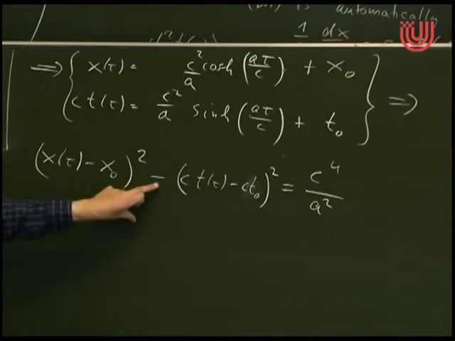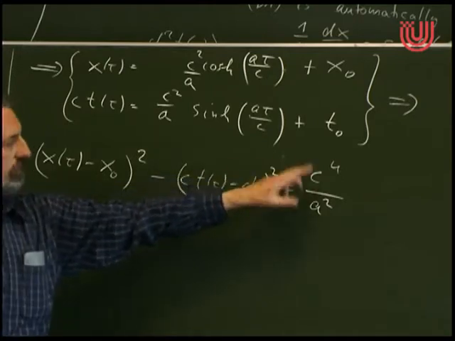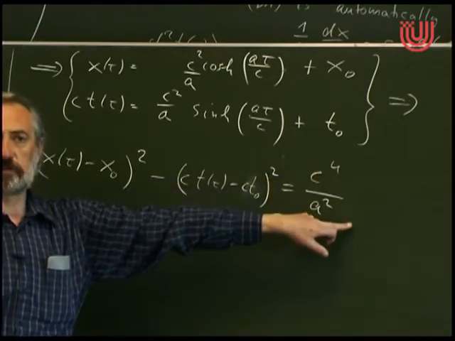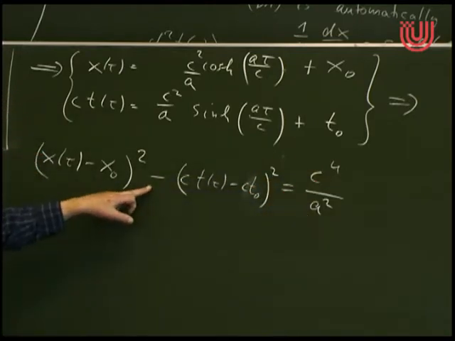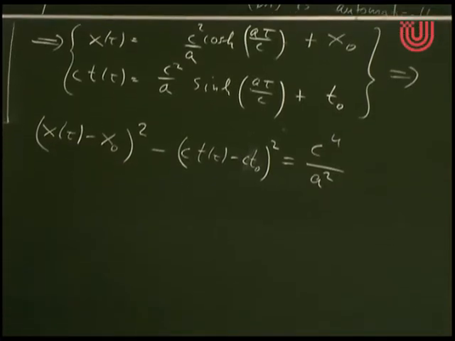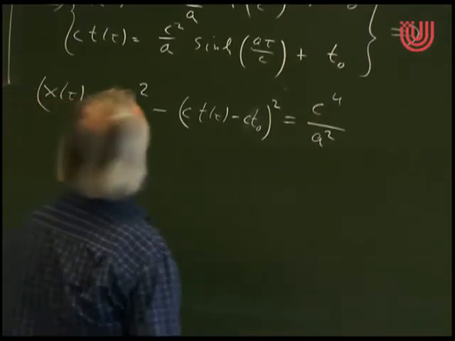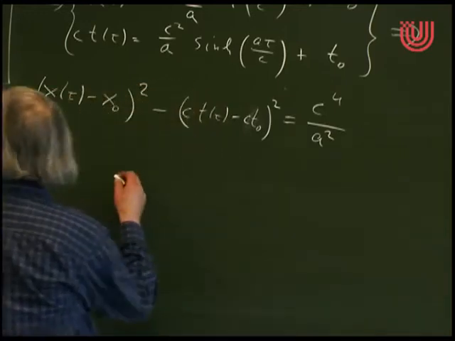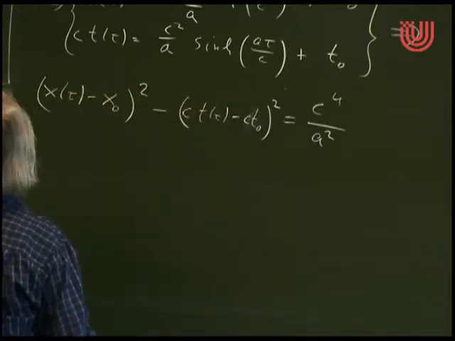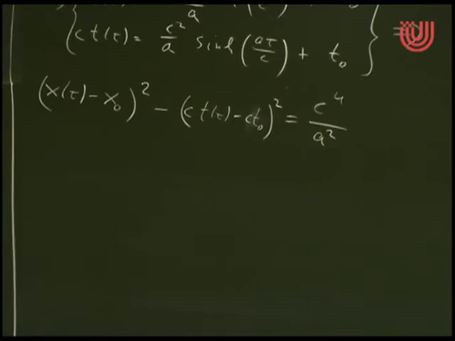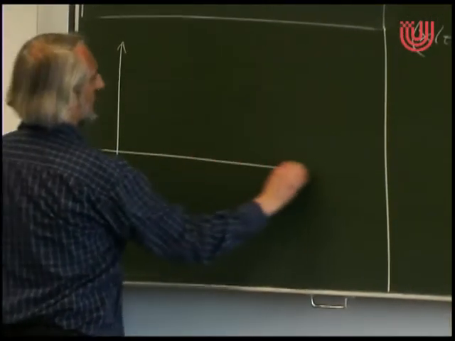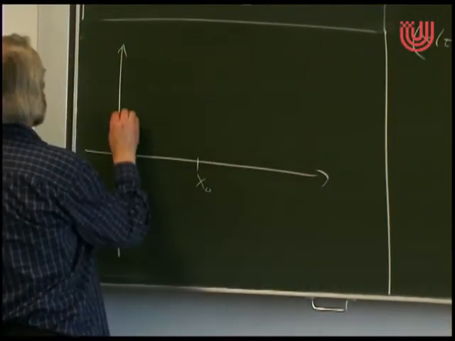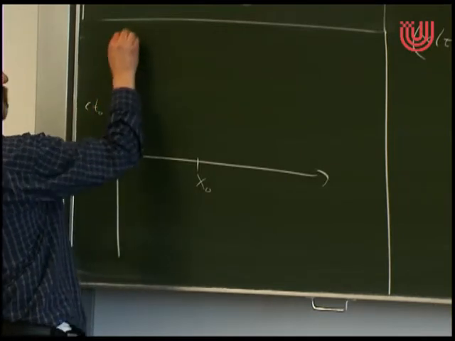With a plus sign, it would be a circle of this radius here. The radius squared would be this expression. And with a minus sign, it's a hyperbola. So if you plot it, you get something of this sort. Maybe here. So I got integration constants, x naught, ct naught.